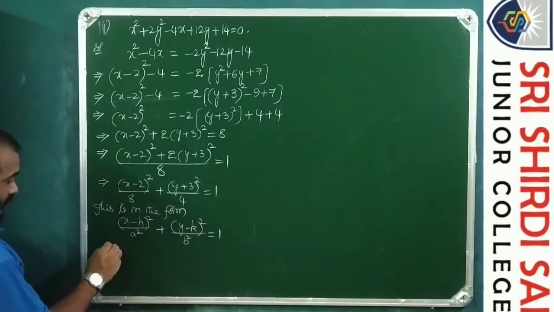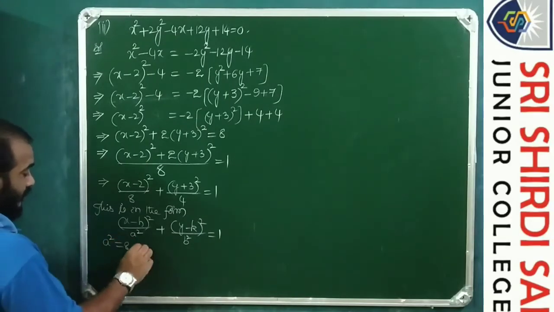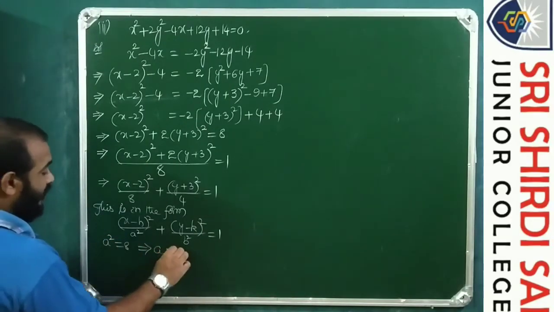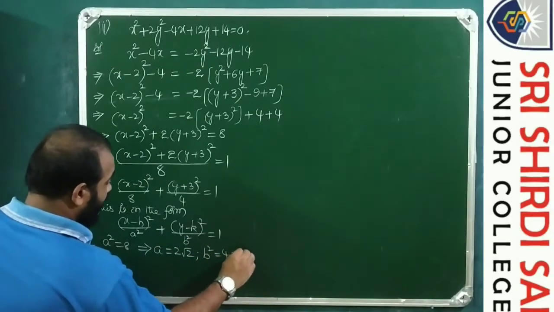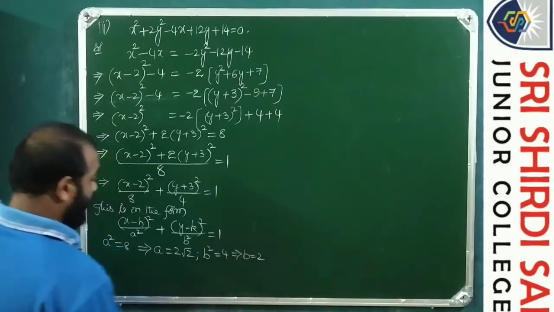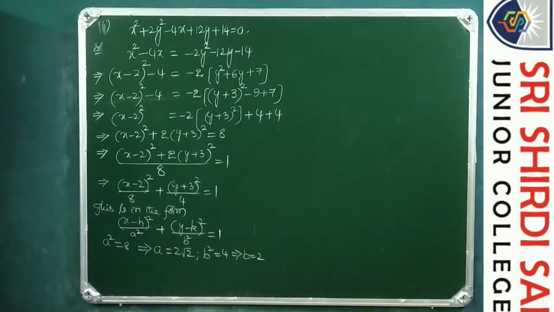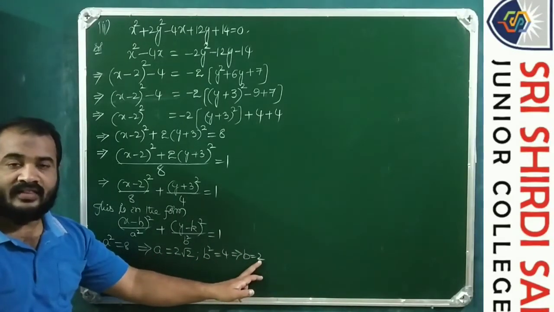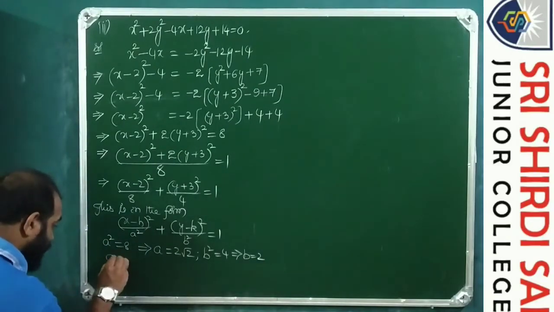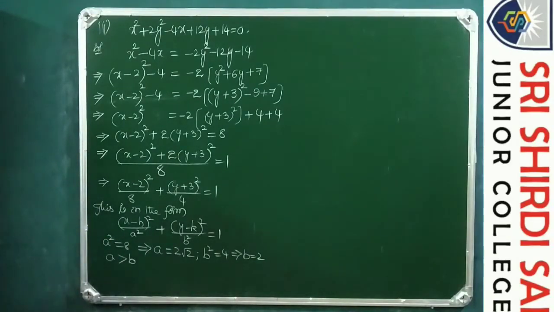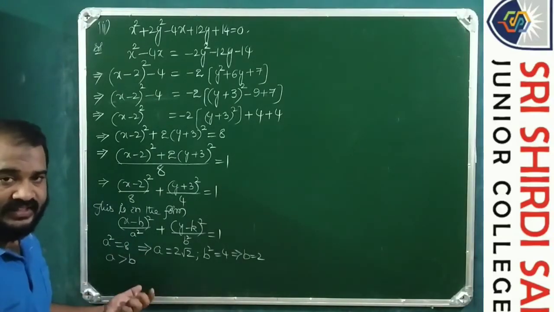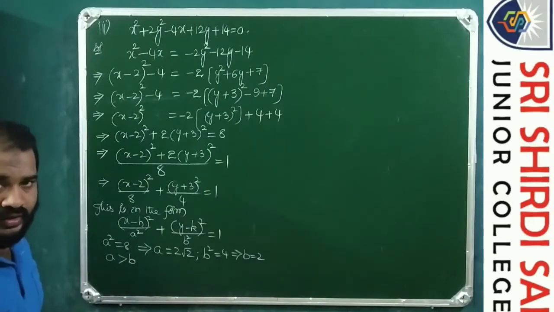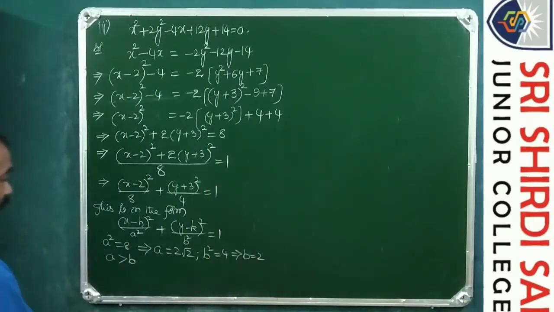Here a square equals 8, a equals root 8 which is 2 root 2, and b square equals 4, b equals 2. Here 2 root 2 is greater than 2, so a is greater than b. Therefore we get an ellipse whose major axis is along the x-axis, or parallel to the x-axis, but not at the origin.